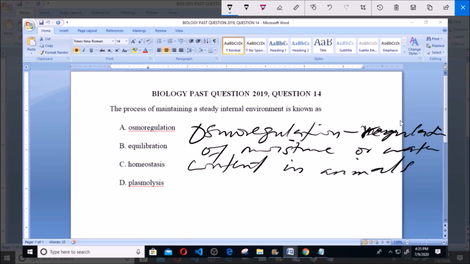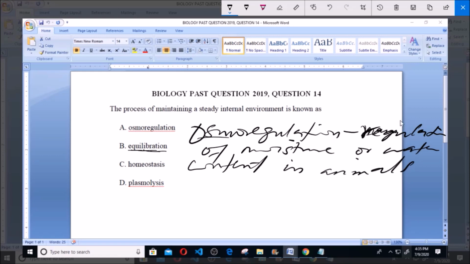The regulation of moisture content in animals is Osmoregulation. Equilibration, actually I don't know what this means. This is not even a correct word. We have homeostasis. Now homeostasis refers to the maintenance of a steady internal environment in living organisms. Now Osmoregulation here is a type of homeostasis.